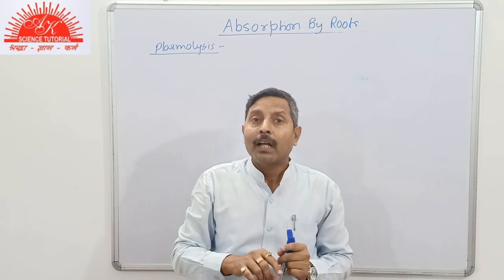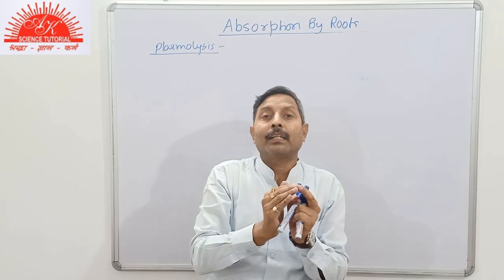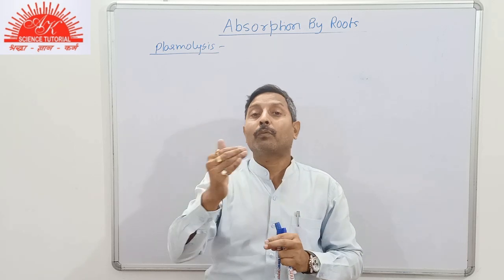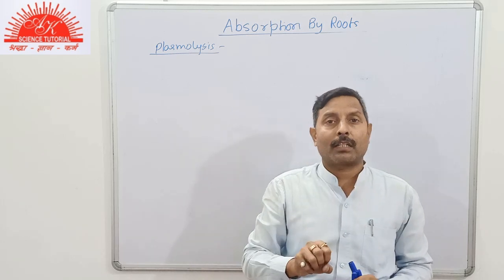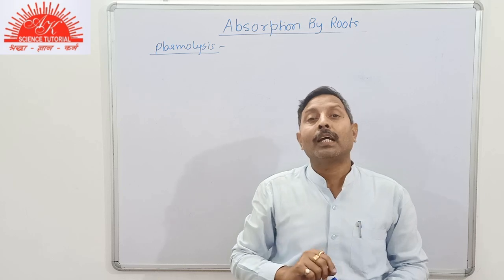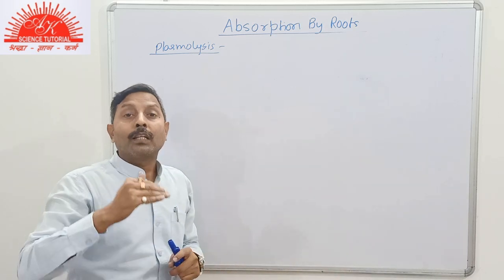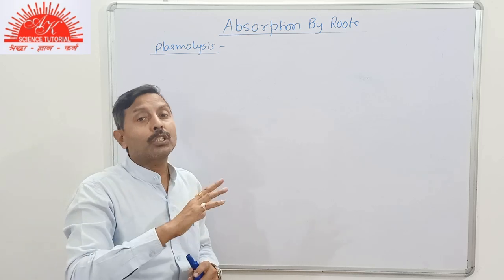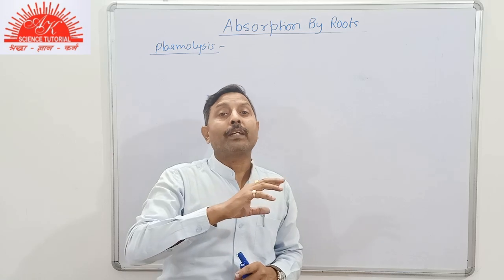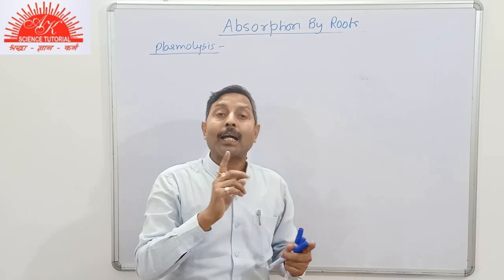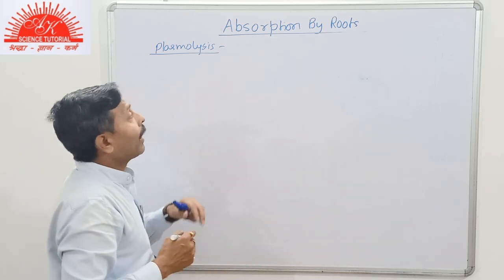As a result, the cell membrane comes inside, leaving a space between cell wall and cell membrane, which means the protoplasm shrinks. This phenomenon is known as plasmolysis. The term flaccid can be used for plant cell as well as animal cell if it is not charged with water, but plasmolysis is known specifically for the plant cell.